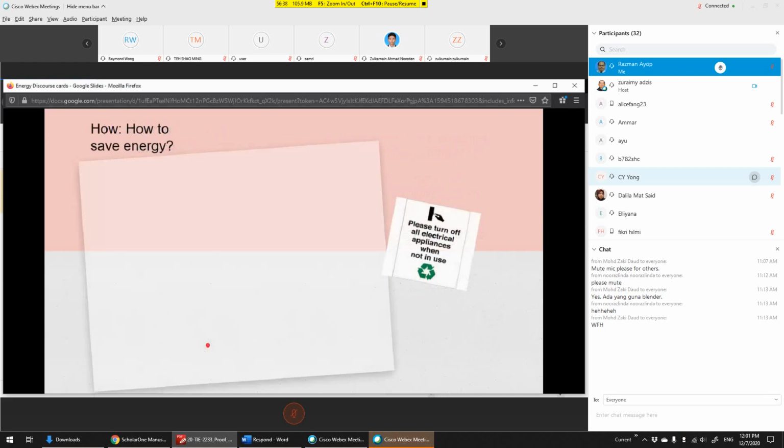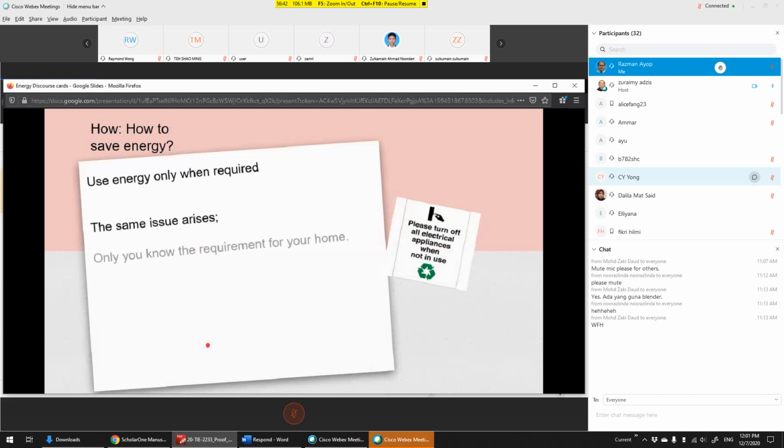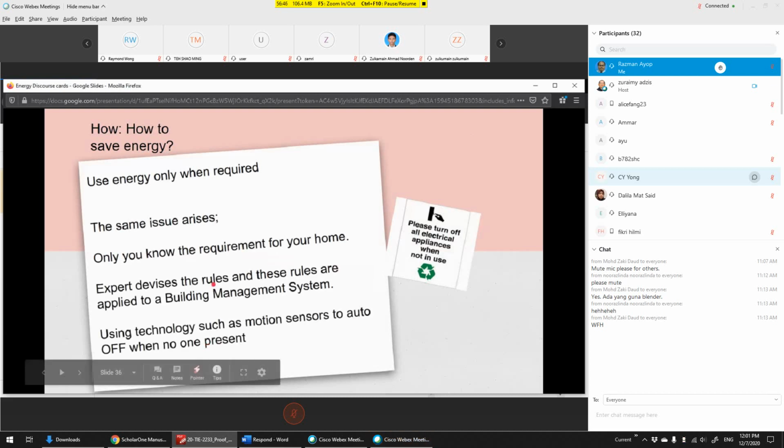And then use of energy only as required, and the same issue arises. Sometimes you devise the rules, but let's say nobody is here, you turn off the lights, you turn off the air conditioning. But for a building management system, experts devise the rules, and these rules are used in the building management system, and we call this knowledge-based software or system.